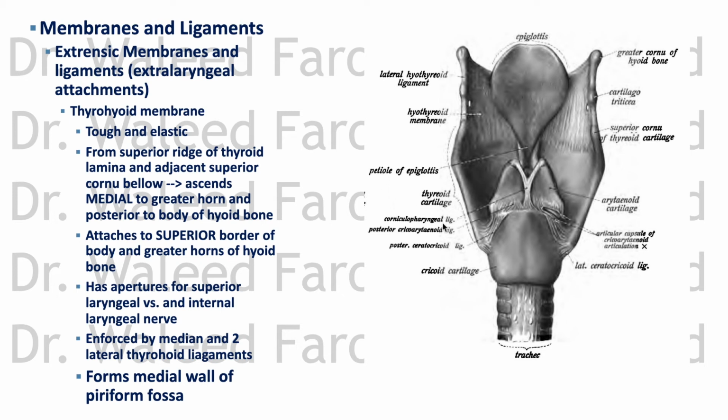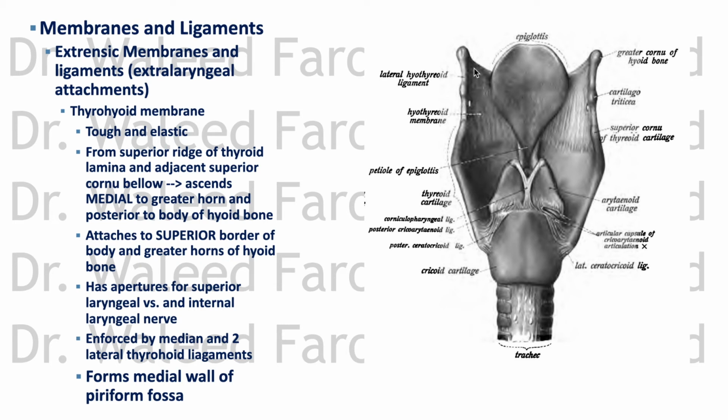For example, the well-known thyrohyoid membrane, this one. Where does it attach? It attaches to the upper border of the lamina of the thyroid cartilage and the adjoining borders of the superior cornu, and goes up to the hyoid.